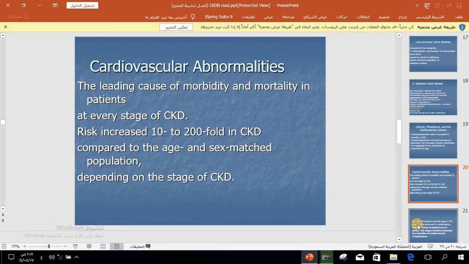Additionally, the second cause of stimulation of parathyroid gland is hyperphosphatemia. Hyperphosphatemia occurs because in the failing kidney, the phosphaturic effect of parathyroid hormone is lost for unknown reason. So the kidney cannot excrete the phosphorus. And once phosphorus accumulates, this is also one of the stimulus of the parathyroid gland to excrete more parathyroid hormones.